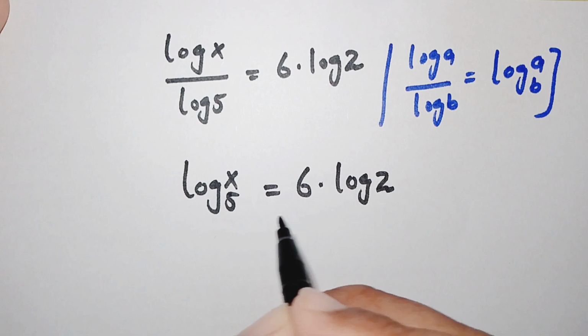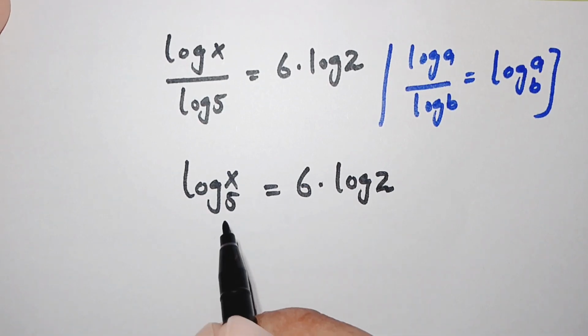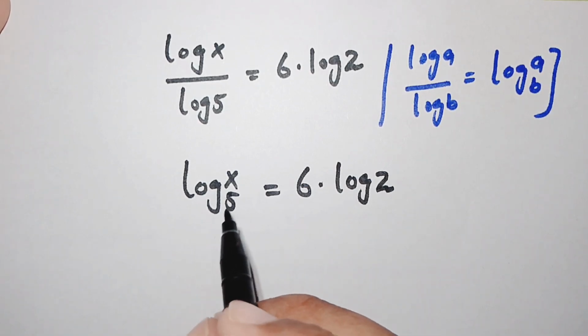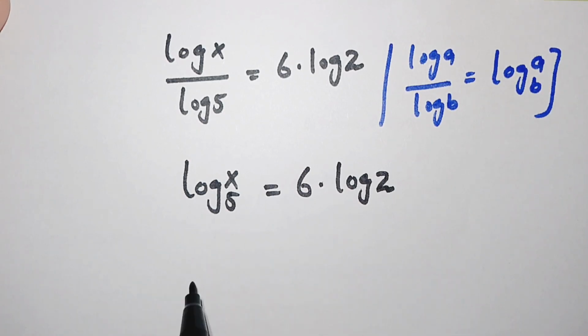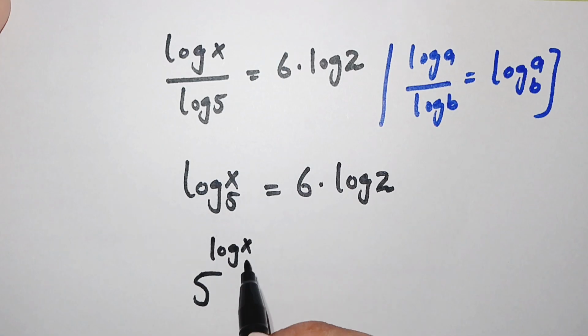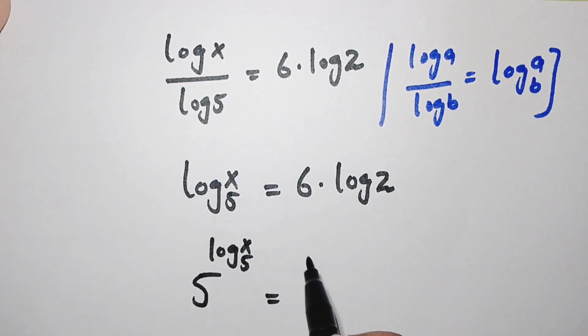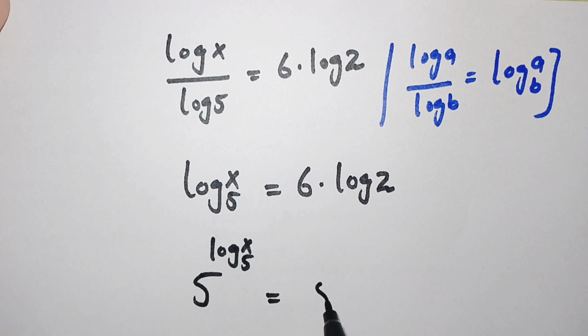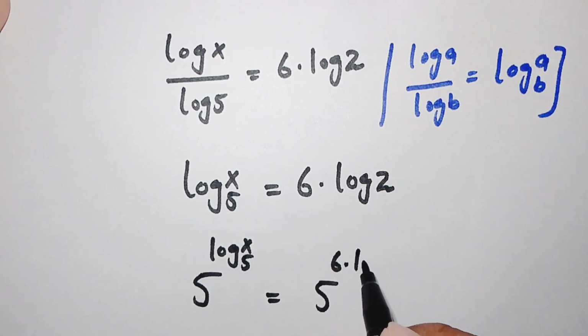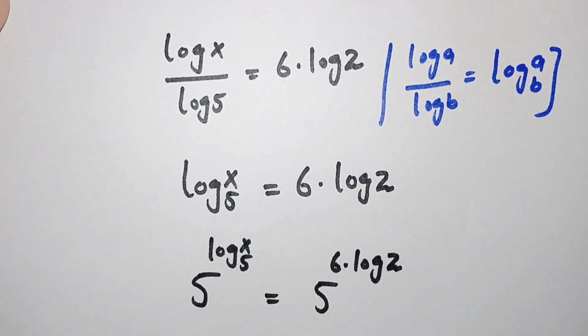Now to solve this, we take 5 as a base on both sides. So this will become 5 to the power of log of x with base 5 is equal to 5 to the power of 6 times log of 2.